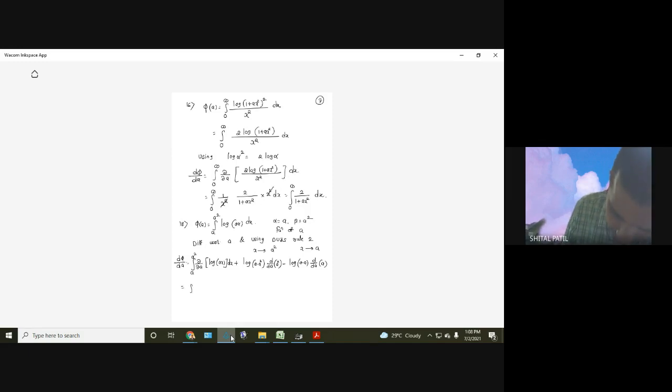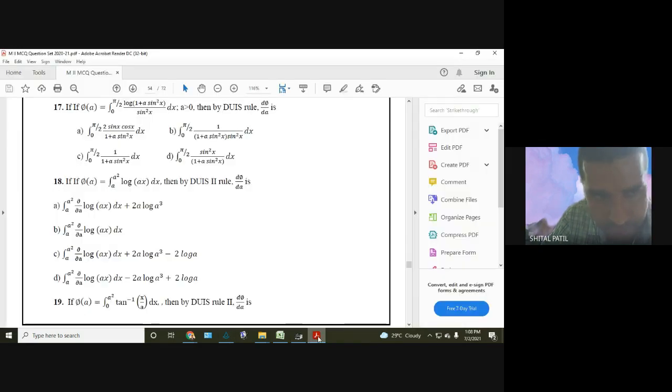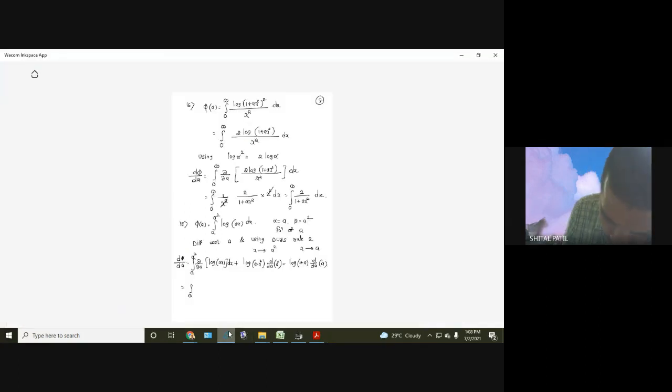Simplify this. See whether the answer is like this or some simplification is there. Okay, it is simplified. So this del by del A is kept as it is. If required, we can differentiate this partially, but here it is not required. Plus, the derivative of a square is 2a. Okay, then this is log a cube.